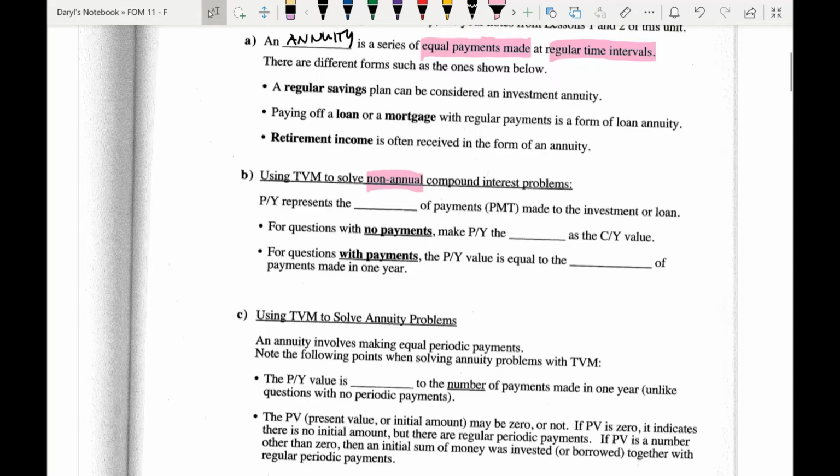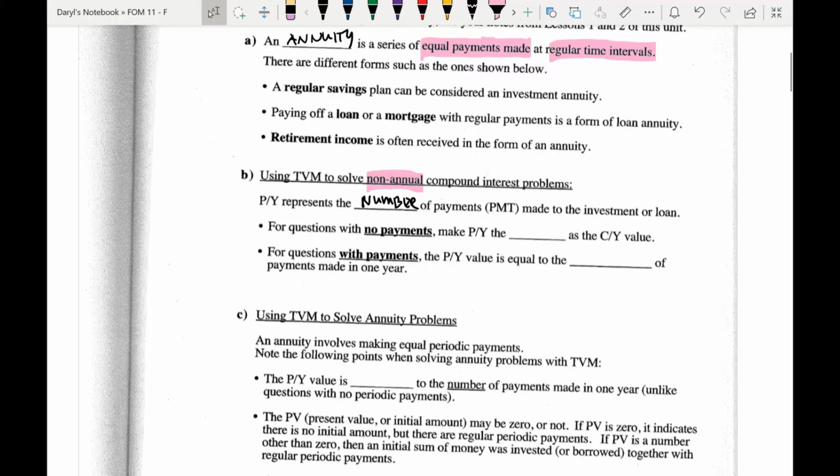Again, the interest is compounded semi-annually, quarterly, monthly, or even weekly.